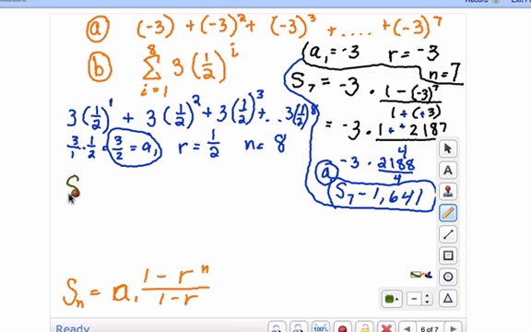The sum of the first 8 terms is going to be equal to a, which is 3/2, times 1 minus r. r is 1/2. I'll put that in parentheses if you want. To the 8th power over 1 minus 1/2.